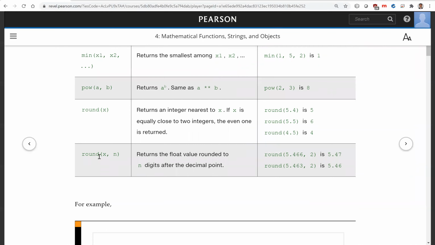You can also use round(x, n), which returns the float value rounded to n digits after the decimal point. So for 5.46 here, with 2 digits, this is going to be 5.47.